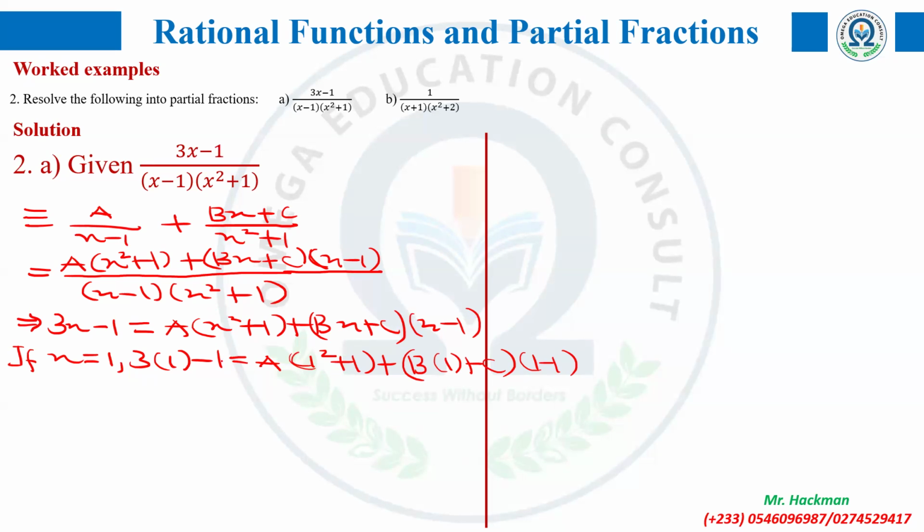So at this point, if you are fine, then we come here, 3 minus 1, and that will give us 2. And that should be equal to 1 squared. 1 squared is 1, plus 1 is 2. 2 times A, so that will give you 2A. Remember, any term that contains the factor that you set to 0 will vanish. So here, what do we have? 1 minus 1, 0.